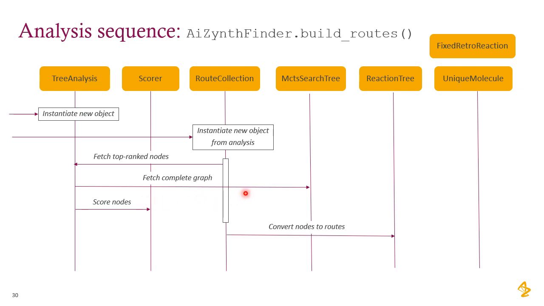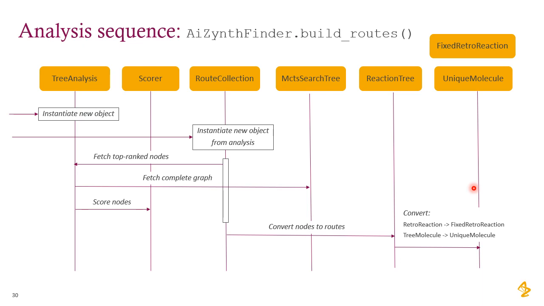And now the route collection has top ranked nodes, and it will convert each of those to a reaction tree. And it does that by converting retroreaction objects to fixed retroreaction objects and tree molecule objects to unique molecule objects.